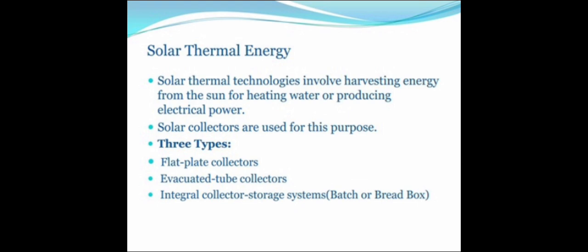Solar collectors are used for these purposes. So let's discuss solar collectors. Solar collectors are used to collect solar energy and convert the incident radiation into thermal energy by absorbing it. This heat is extracted by a fluid flowing in the tube of the collector for further utilization in different applications.